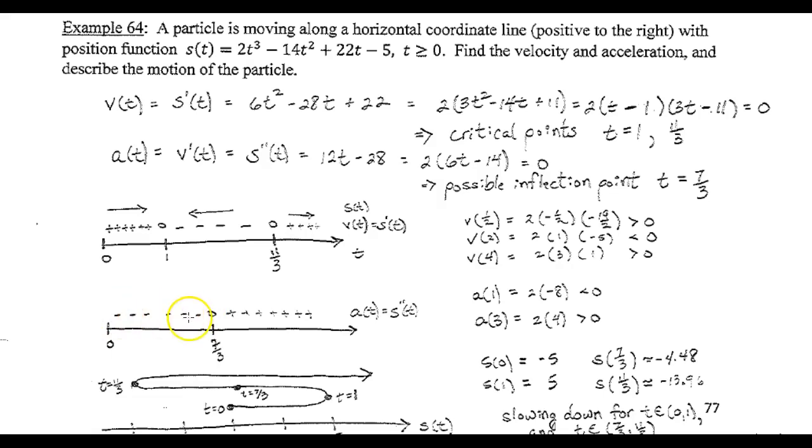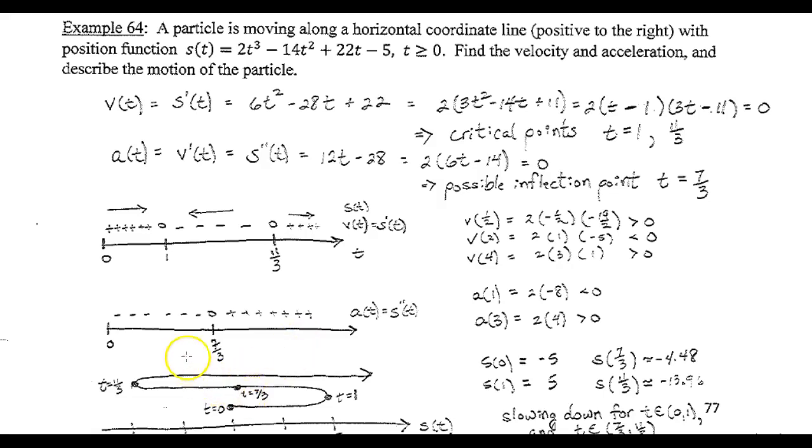And then over here the second derivative is positive, which means that the velocity is an increasing function. Second derivative being negative tells me the first derivative is decreasing, which is velocity decreasing. Second derivative positive here means that velocity is an increasing function.